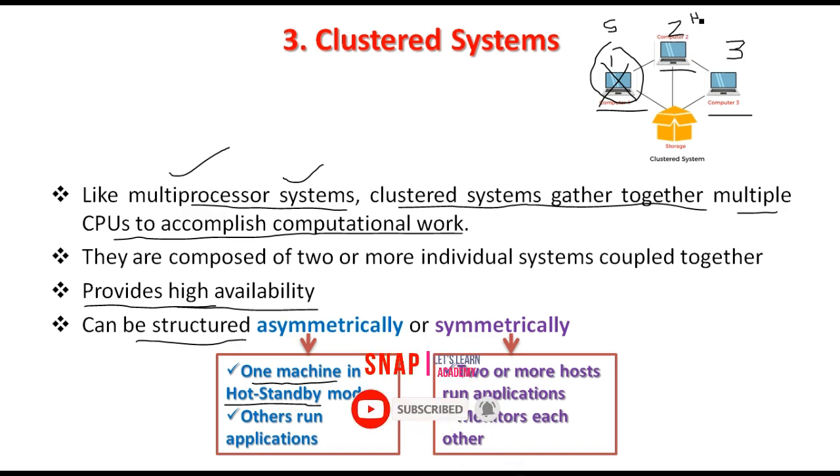Now the computer 2 is continuously monitoring computer 1, the server. If the server fails, the privileges the server had are assigned to computer 2. Now this hot standby machine becomes the server and all other computers can run their applications as usual, right?